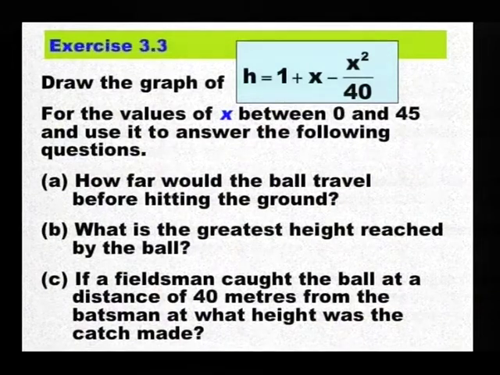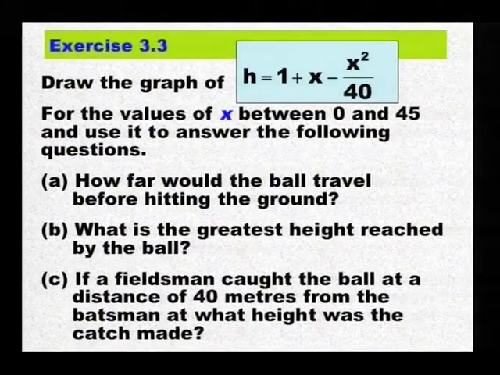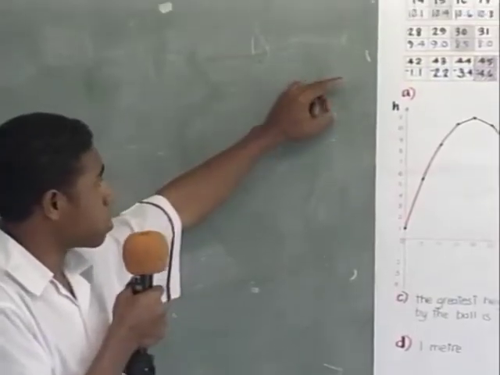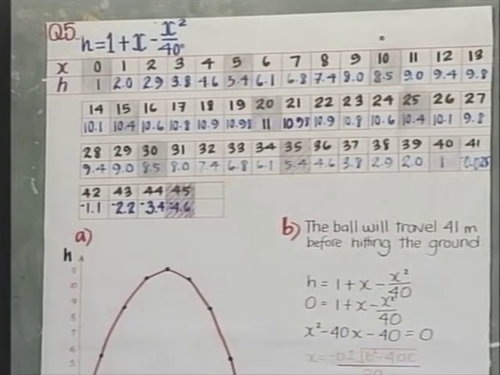Draw the graph of h equals 1 plus x minus x squared divided by 40. To draw the graph, we've done the table of values as shown on the graph paper.